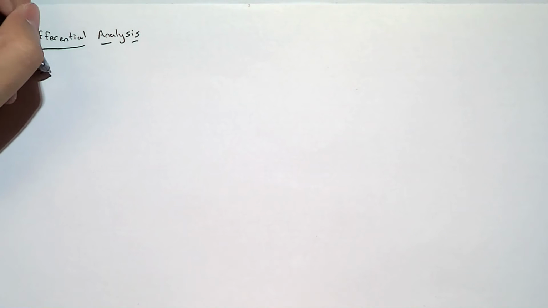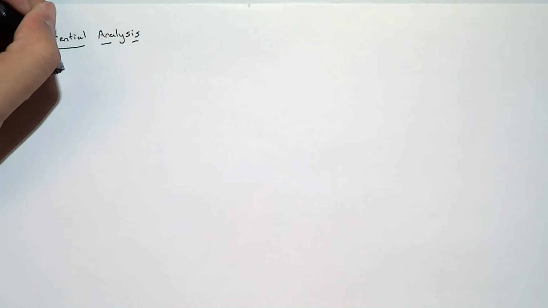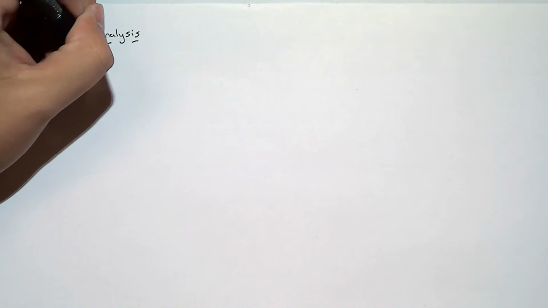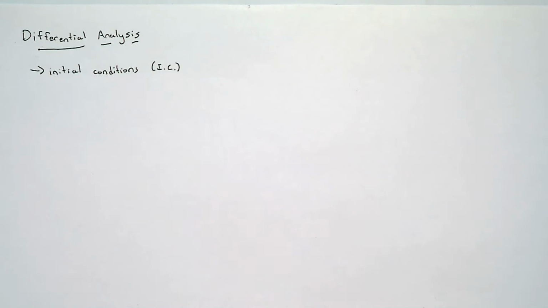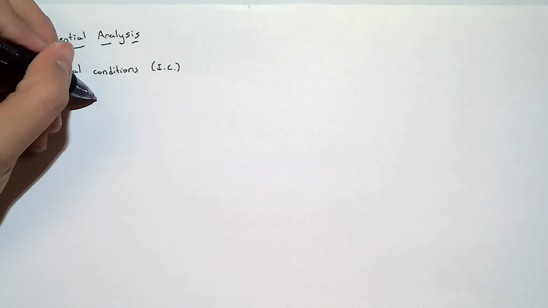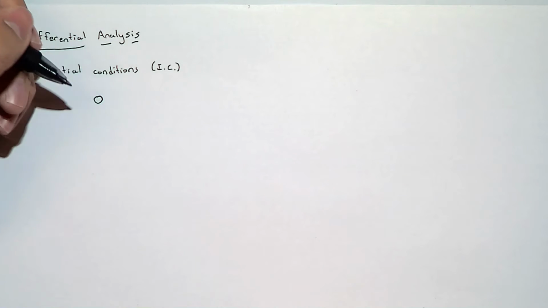So when I say initial conditions, I mean fixed properties that are dependent on time. For example, let's say that I want to track the movement of a ball.